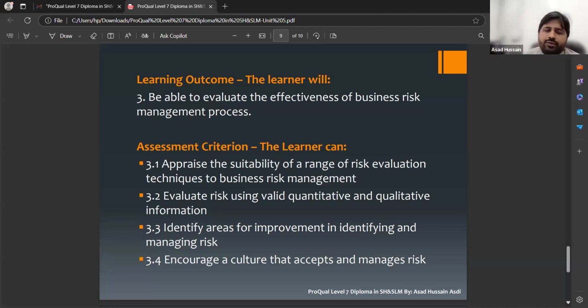So once you have phrased that, you have evaluated that, still things can be improved. So the candidate has to explain here how they are identifying improvement areas for managing the risk, for identifying the risk.